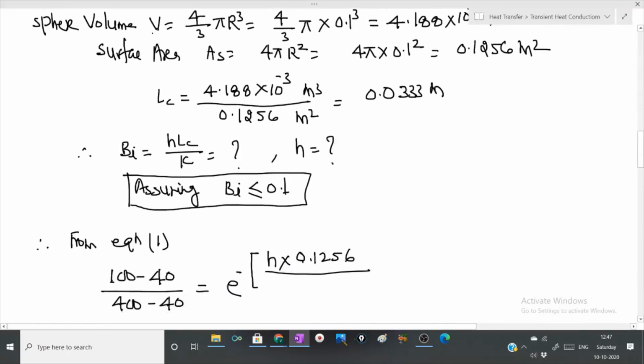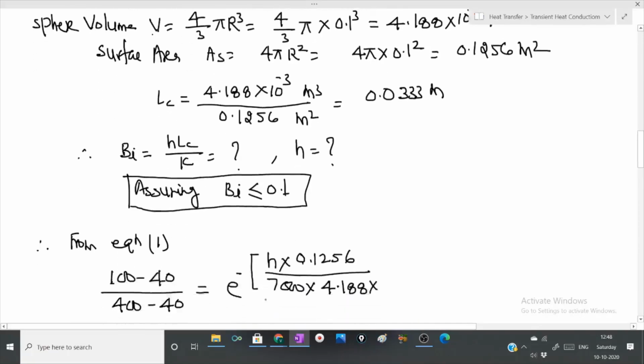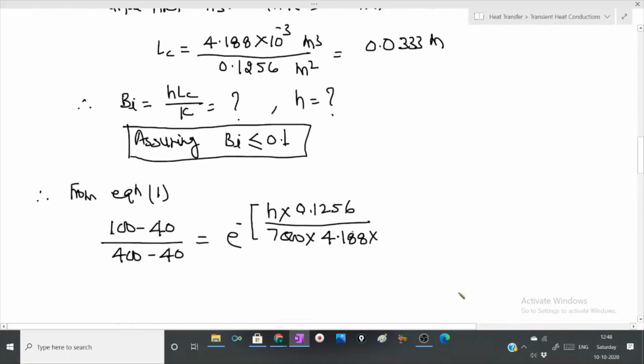Volume of sphere is 4.188 into 10 to power minus 3. And the value of Cp is 320. This is hAs over rho V Cp.